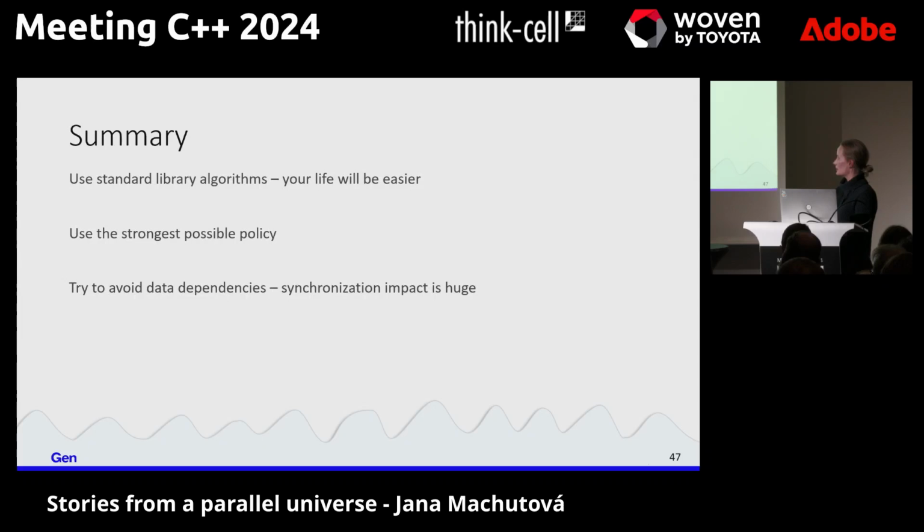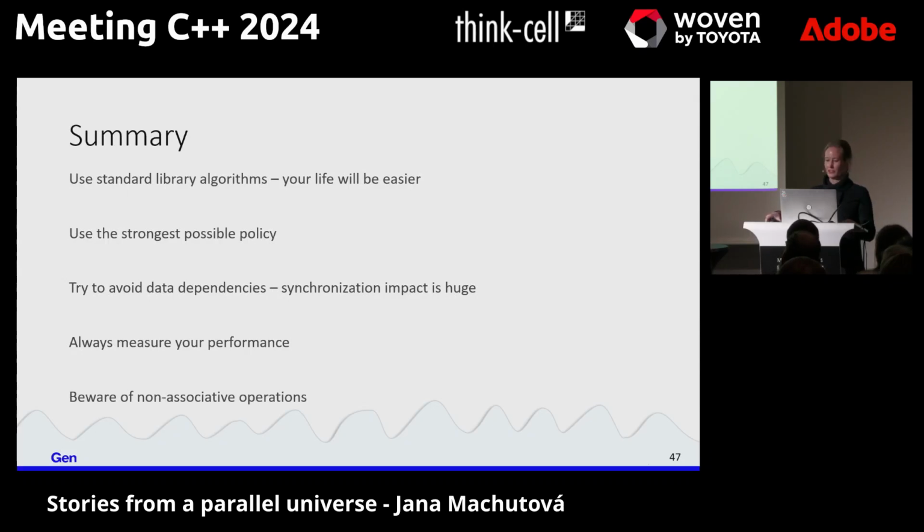And try to avoid data dependencies. The synchronization impact is huge. And always measure your performance, because just because you put it into a parallel algorithm doesn't necessarily mean that it will be better. And yeah, beware of non-associative operations.